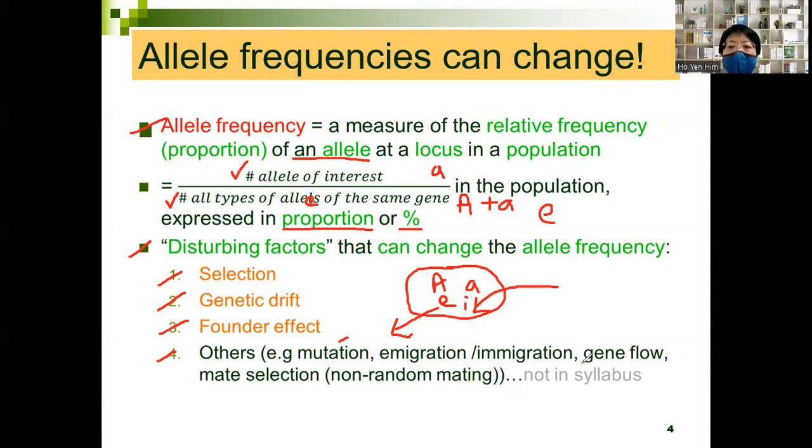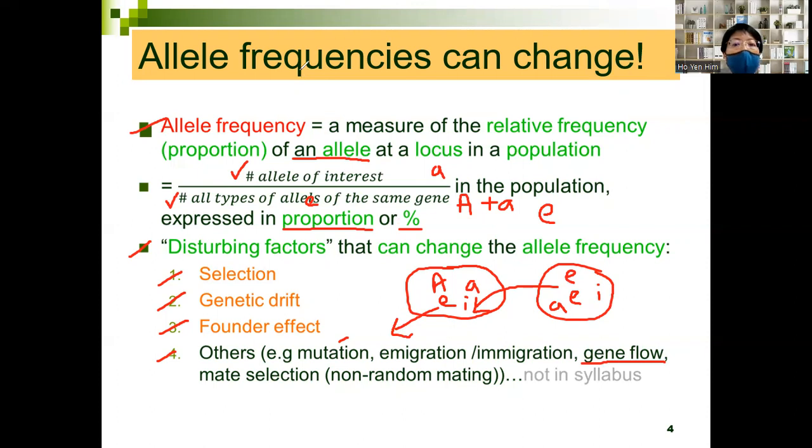Okay. Gene flow. Gene flow means interbreeding. That means you have these two populations of the same species, but the gene pools can be different. Maybe this one has a lot of E, a lot of I, no big A, and maybe this one has small a, no big A. So you have two populations here. Gene flow means that when an individual from this population interbreeds with an individual from the other population, it causes a gene flow between these two populations.